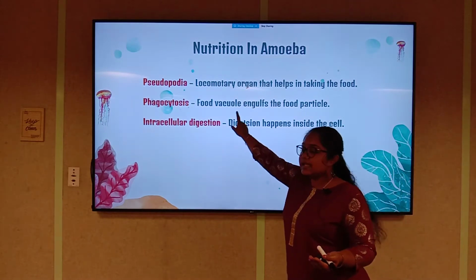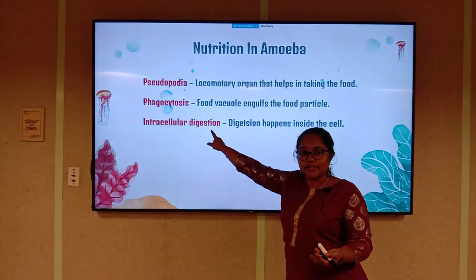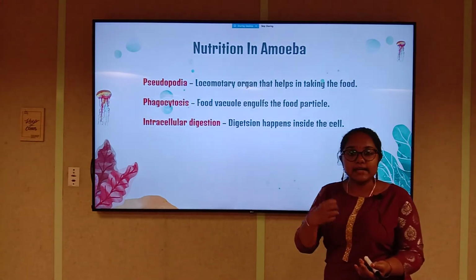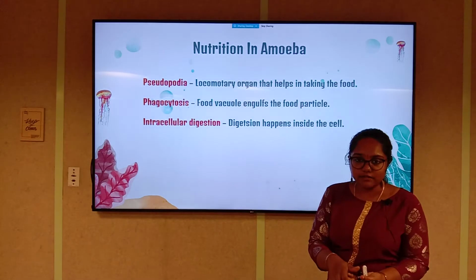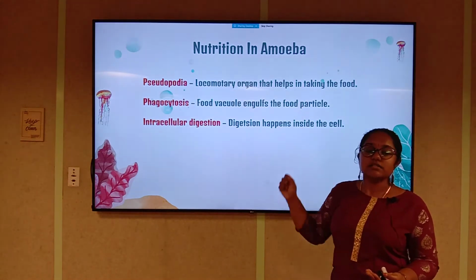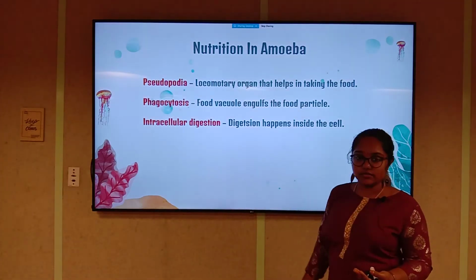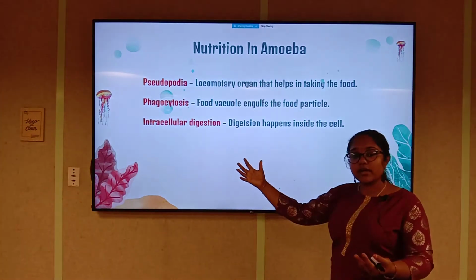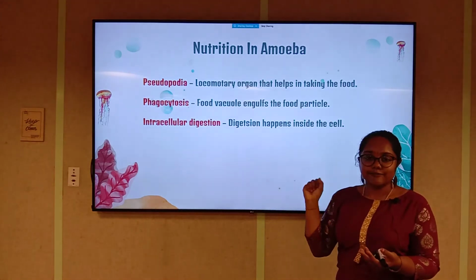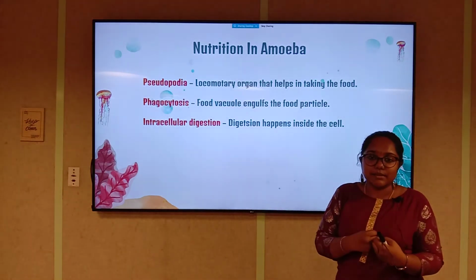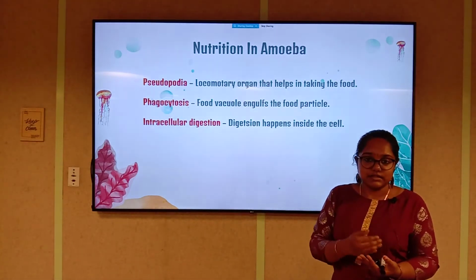That is, in the structure of amoeba, there is a part called food vacuole which is going to engulf the food, release the digestive enzymes and break the food and get the nutrition. So that process is what we call phagocytosis. Now pseudopodia grabs the food towards the cell membrane. Clear? And the food vacuole will engulf the food particle, digest it and take the nutrition.